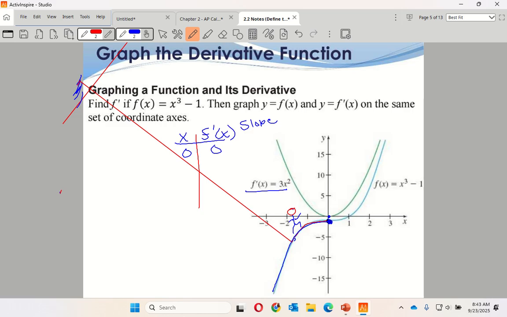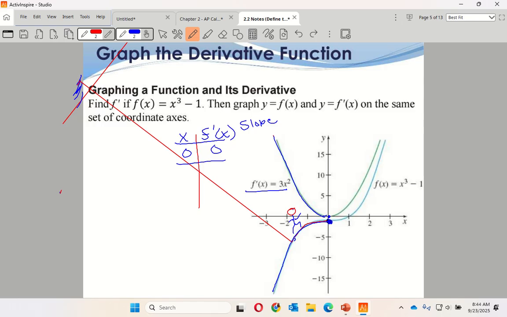Yeah, but the slope is still positive. Okay, so to show that over here, all these numbers, the y values, are positive.